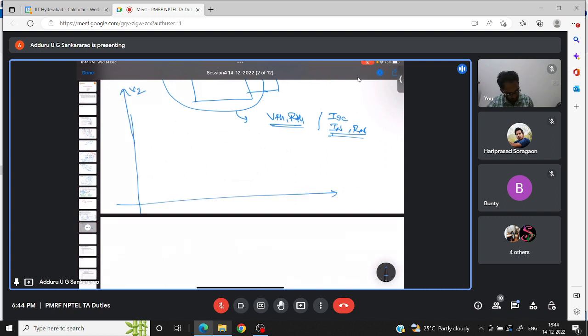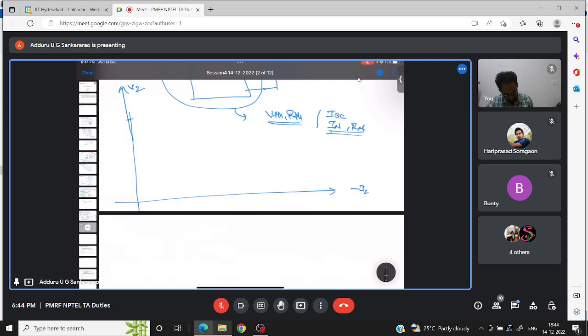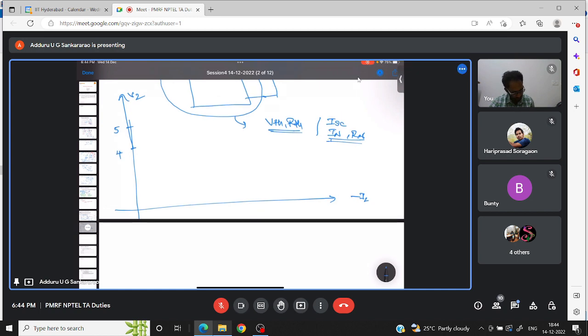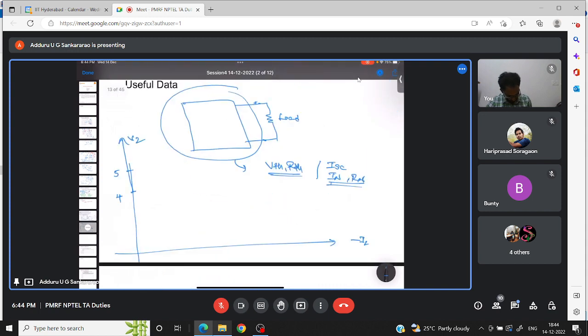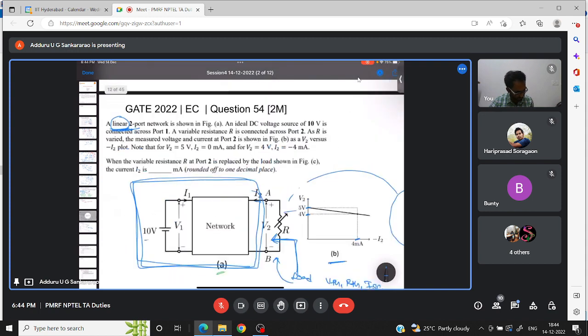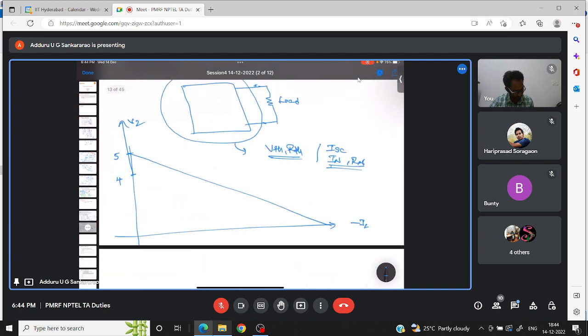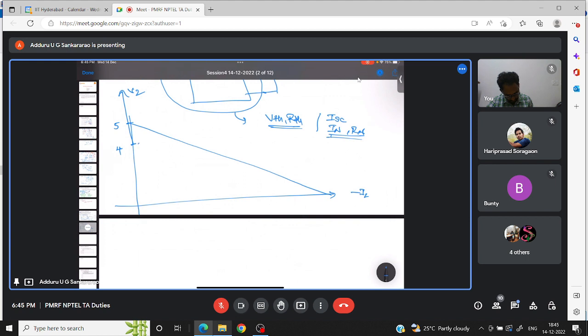This is V2 versus minus I2. So 5, this is 4. When it is 5, something like this. If I extend this, somewhere it will touch the horizontal axis, so here it is 4 milliamperes.